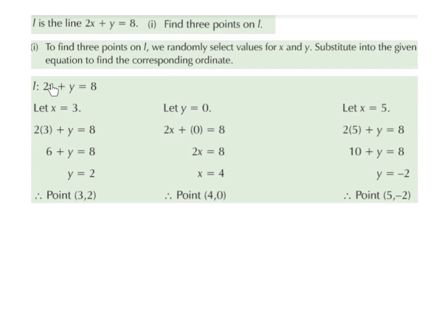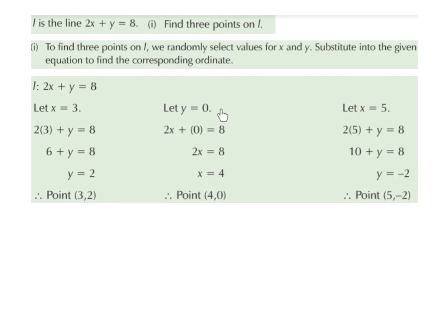So we swap the x value for 3 with brackets around it. 2 multiplied by 3 is 6. So we have 6 plus y is equal to 8, and 8 minus 6 is 2. So y is equal to 2. So we have an x value of 3 and a y value of 2. So our coordinate is the point 3, 2.